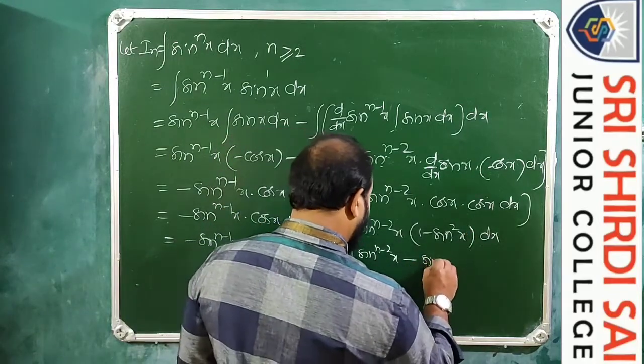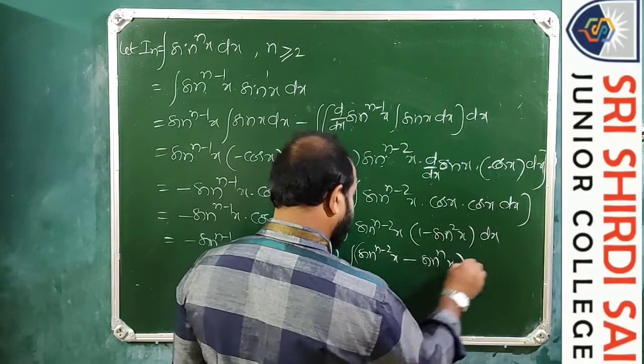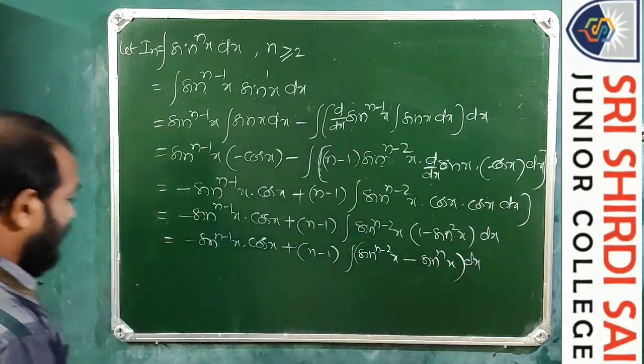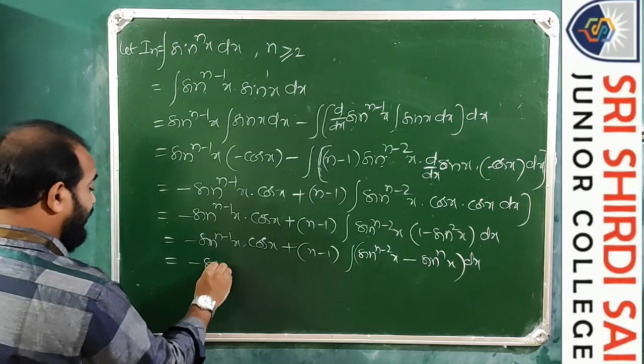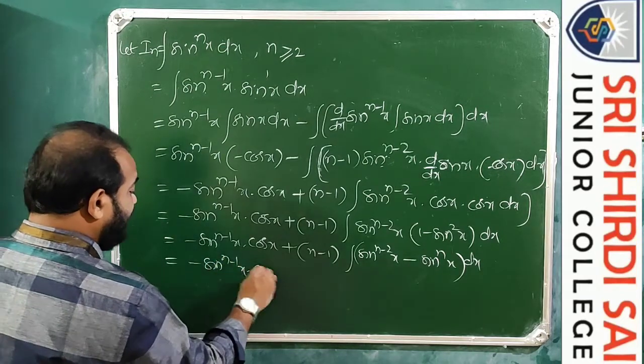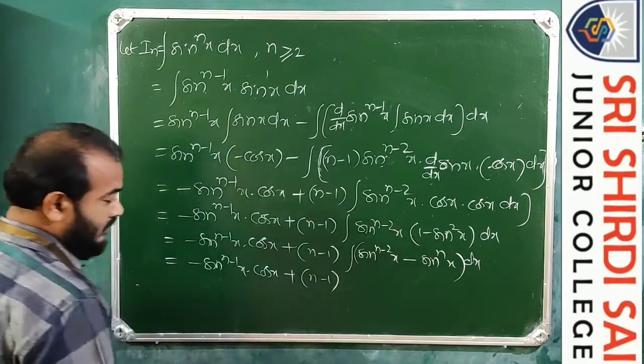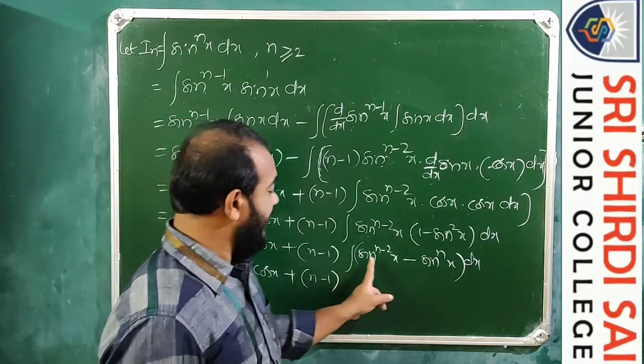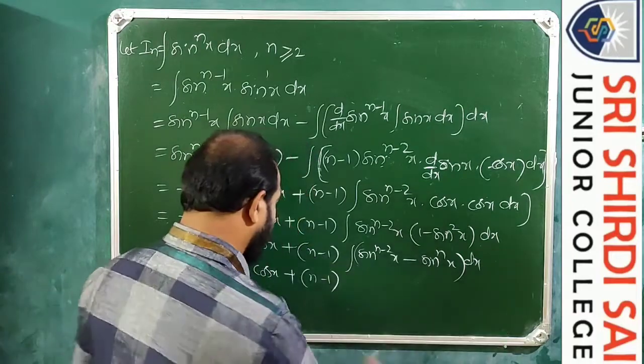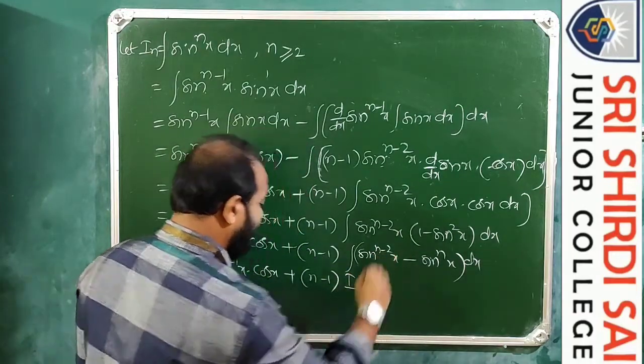So this is sin^n x dx. So this is equal to minus sin^(n-1)x cos x plus (n-1) times the integral of sin^(n-2)x dx. This is I_(n-2).